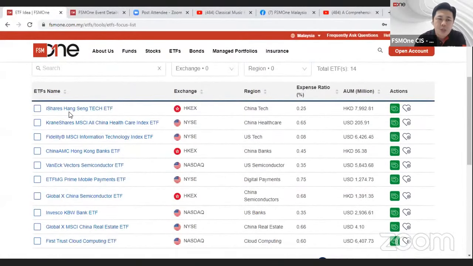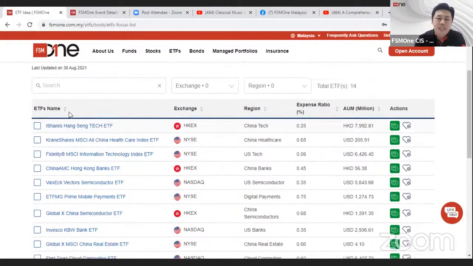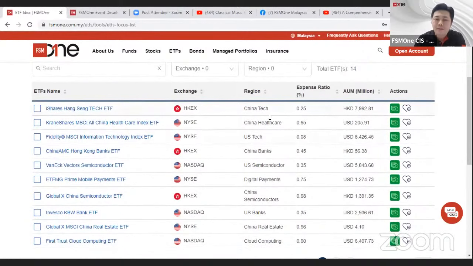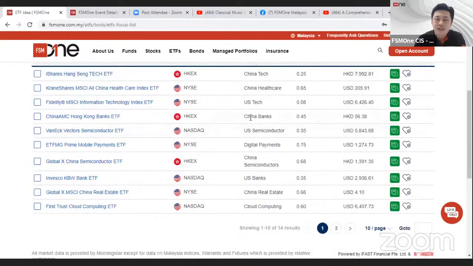So from here, you will notice that basically in our platform, there are close to 3,000 ETFs listed in Hong Kong and US exchanges. So from this particular list, you are able to find some ideas on ETFs, which are already shortlisted by our research team from different themes.